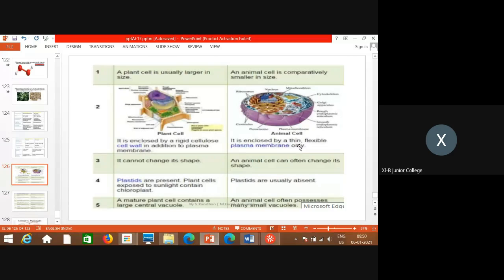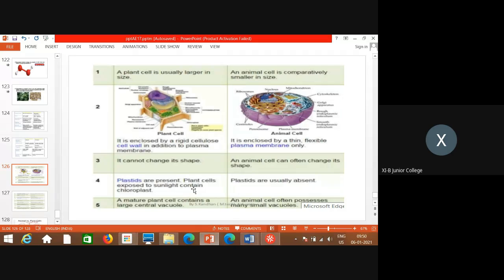It is enclosed by a thin flexible plasma membrane. Generally, plant cells do not change their shape, but animal cells can often change their shape.